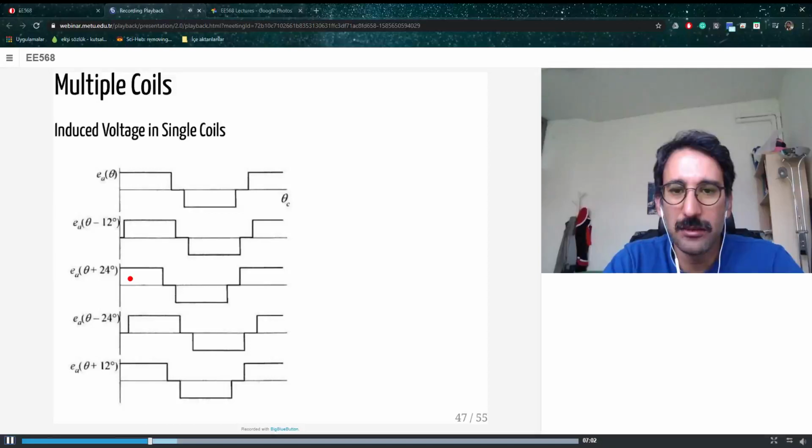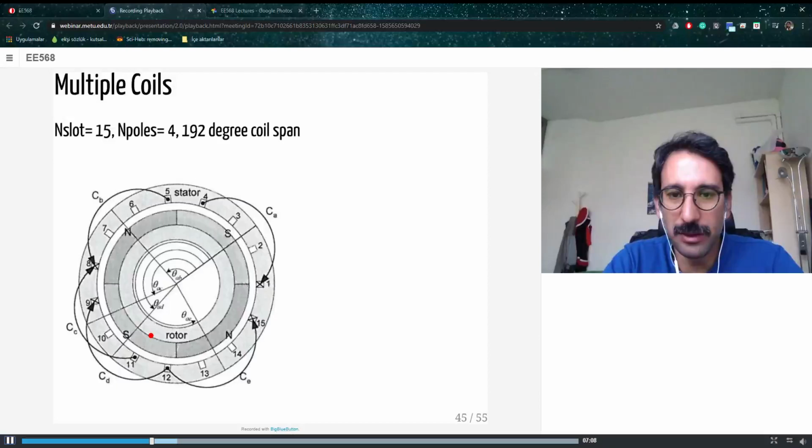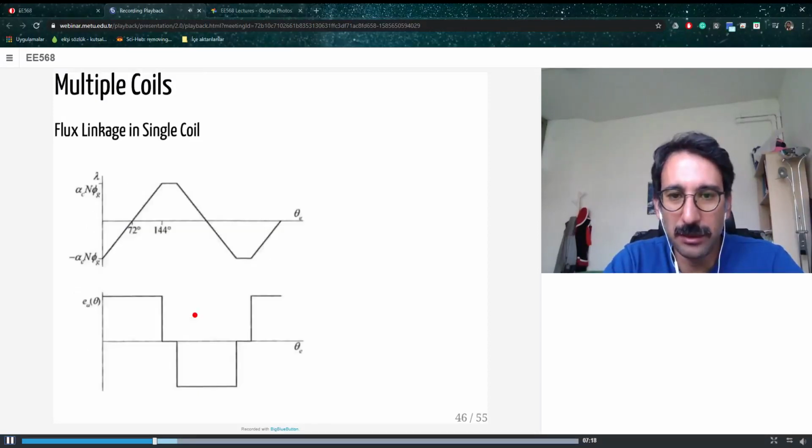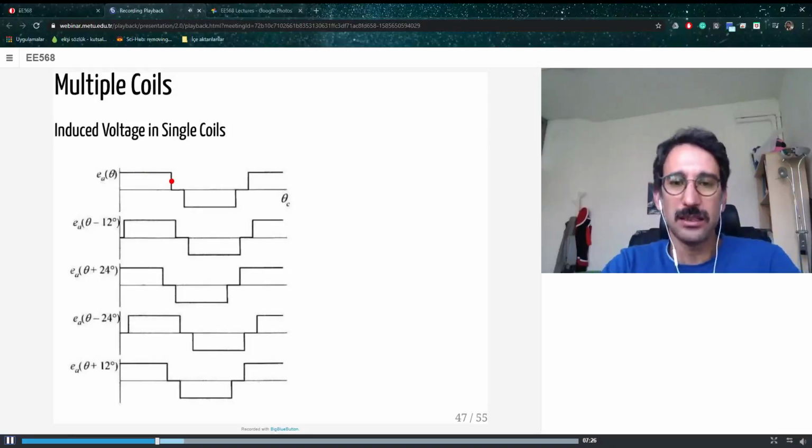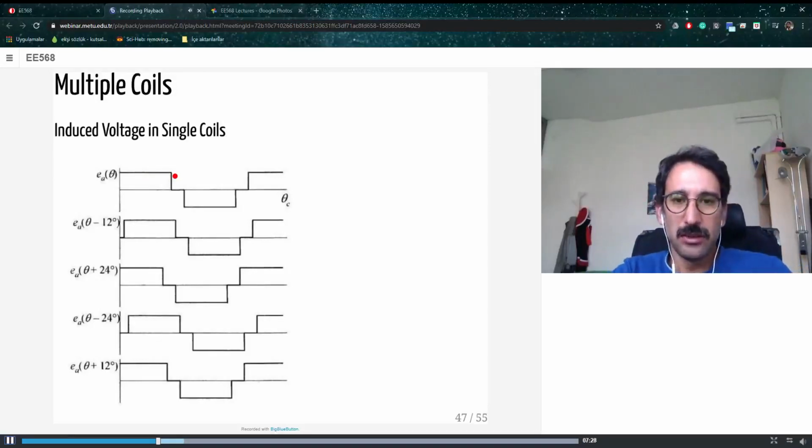So what we are going to do is, we have basically 5 of those coils: the first coil, the second coil, third coil, fourth coil, and fifth coil. Again, it is not really a conventional design, but anyway. They are 192 degrees shifted, and if you plot those things, you have minus 12, 24, minus 24, plus 12 degrees.